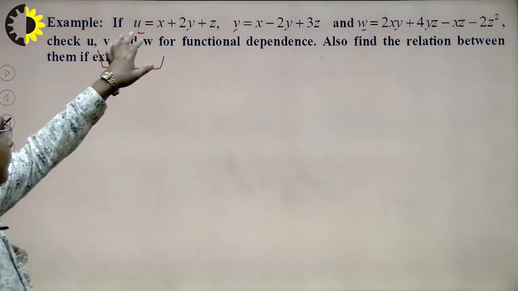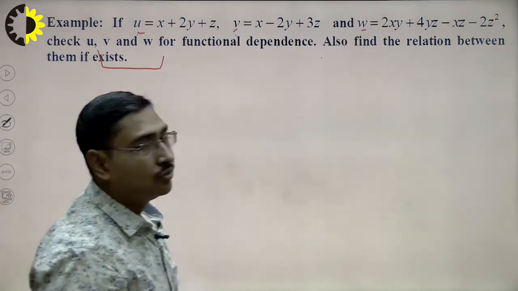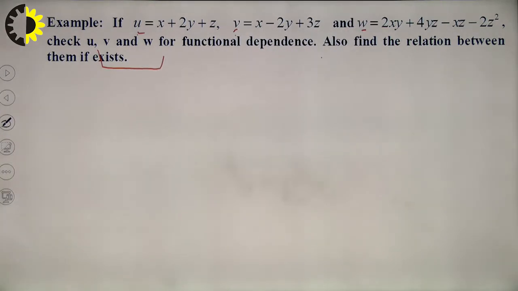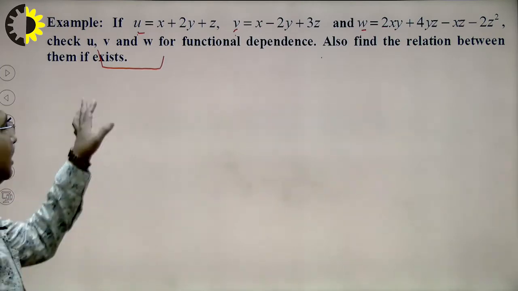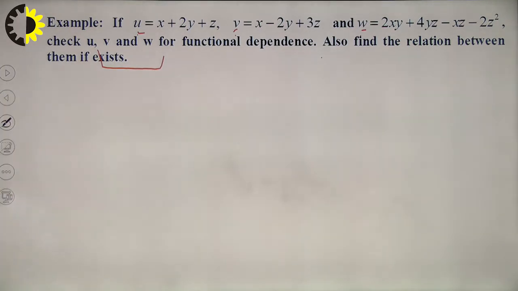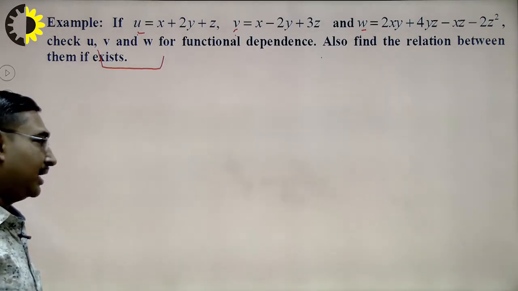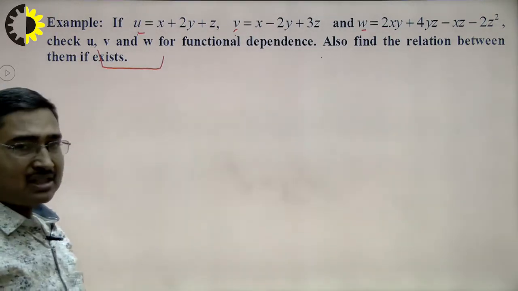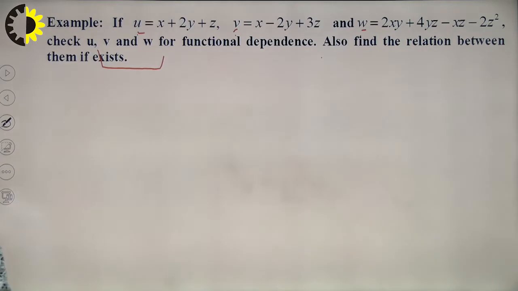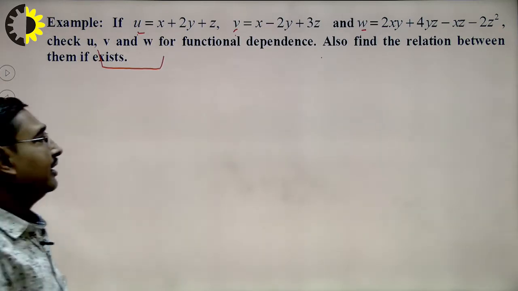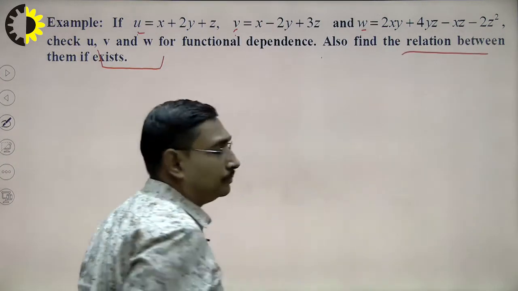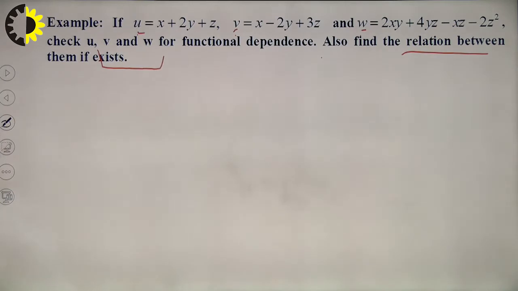Thus, u, v and w are given. We are to first check whether u, v and w are functionally dependent or not, and if they are functionally dependent, then there must be a relation among u, v and w which involves only u, v and w, but not x, y or z. We are to find that relation also if they are found to be dependent.